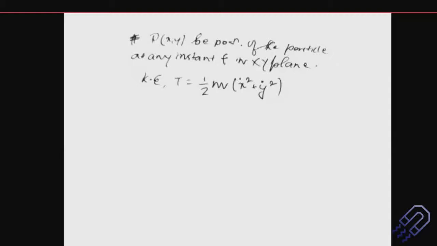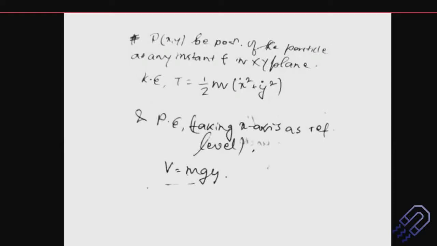So we've got two coordinates now. Next, potential energy. You can take the x-axis as the reference level. And since an object is thrown in a parabola, whenever it is going higher and higher, its potential energy is increasing because of the height. We already know that potential energy is mgy, where we are just taking the height.